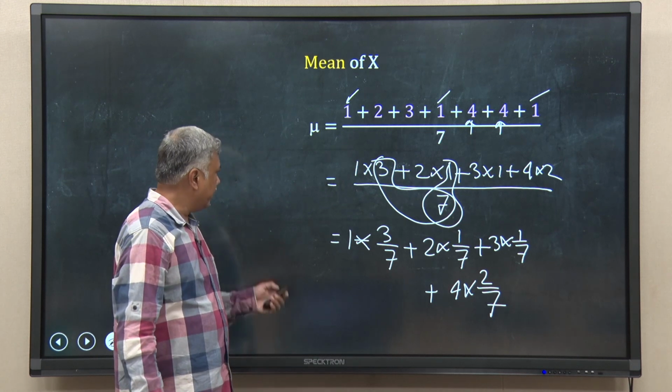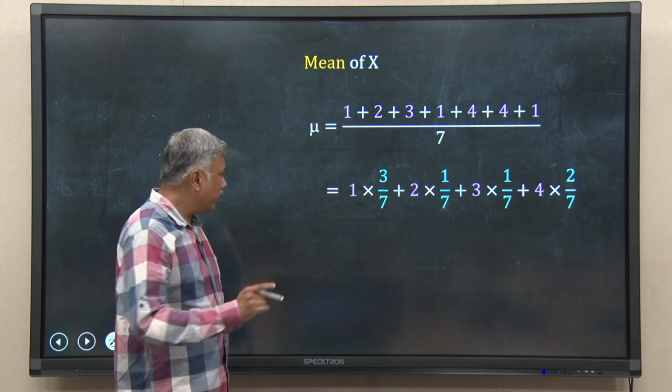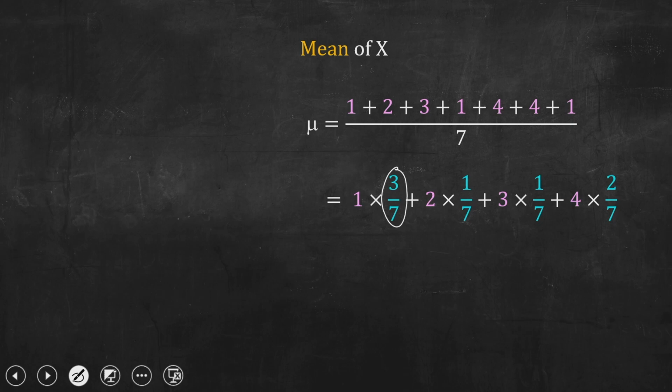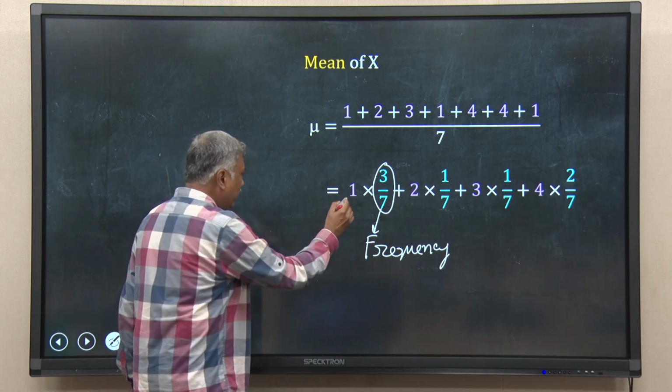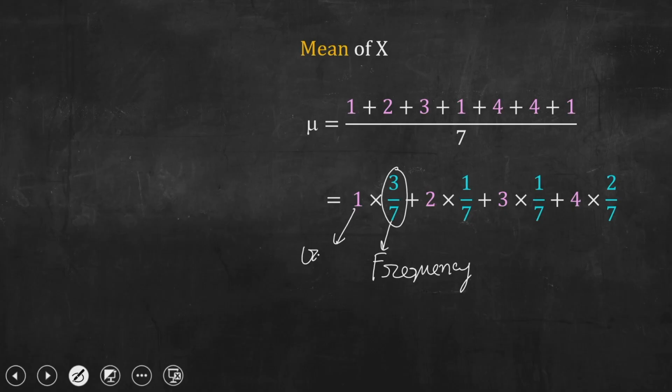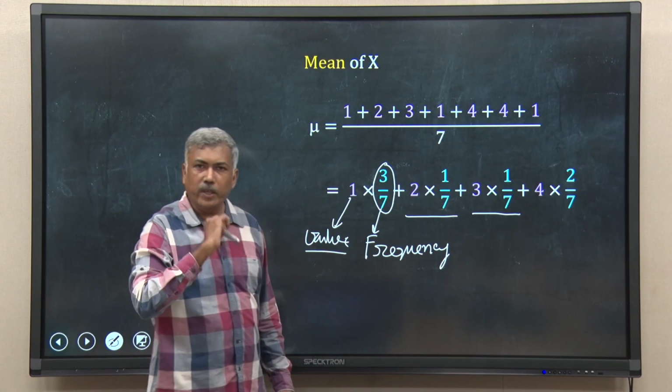That is what I have done here. Now, notice what these are. What is 3 by 7? This is the frequency: how many times 1 has appeared in my data, and what is its value. This is the number value. So, each of these terms is a value multiplied by its corresponding frequency.